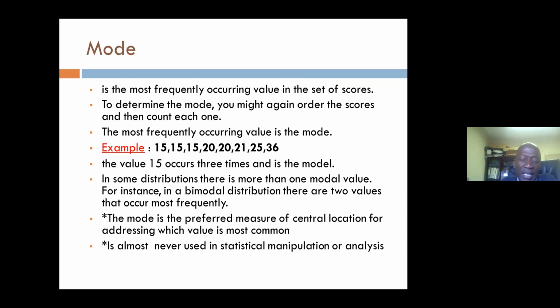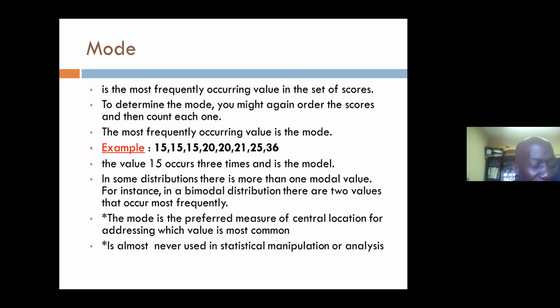Or our data set may contain no mode at all. When all the values appear with the same frequency, then we can conclude that our data set does not contain a mode.